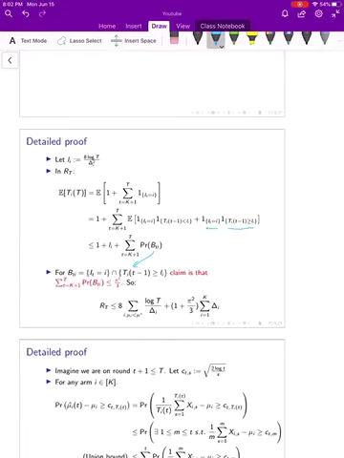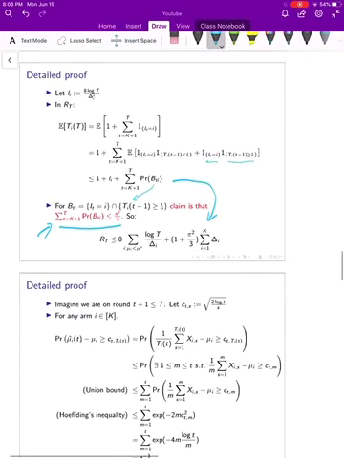So now, if we can prove that this claim is true, then from here it directly follows that the UCB result which I presented earlier. So it all boils down to proving this claim.